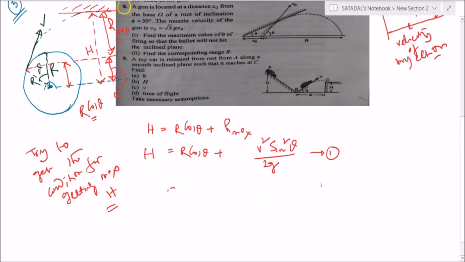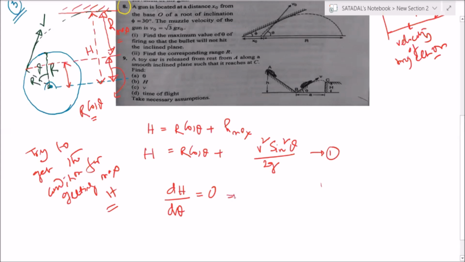So what I have to do here? Tell me. You all know now. This should be 0. Yes, Akshari? Sir, is the condition r by root 2 plus v square by 4g? No. dH by d theta is equal to 0 here.